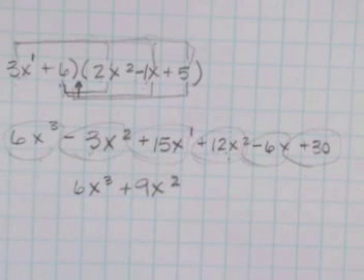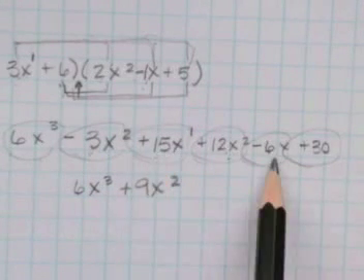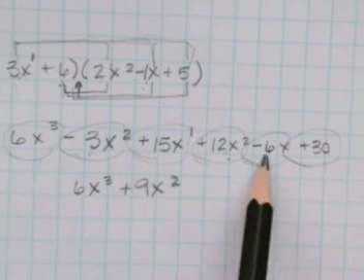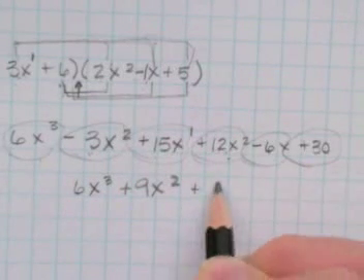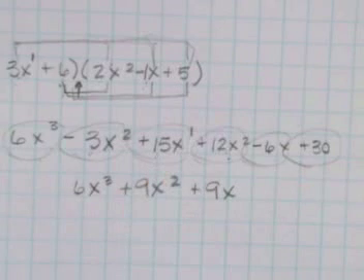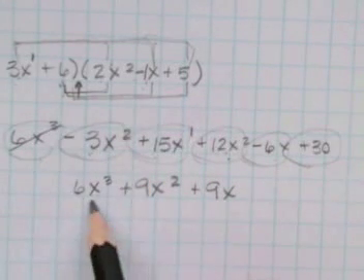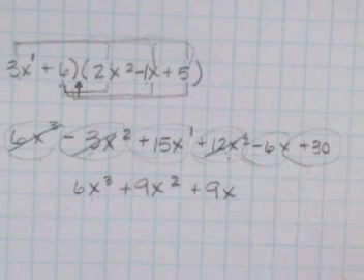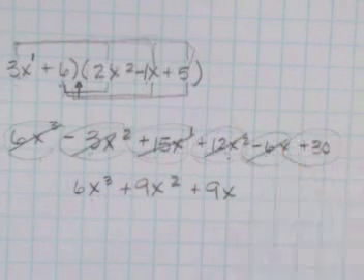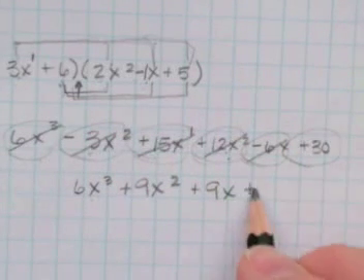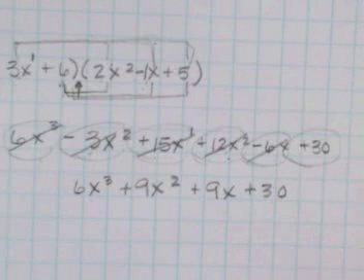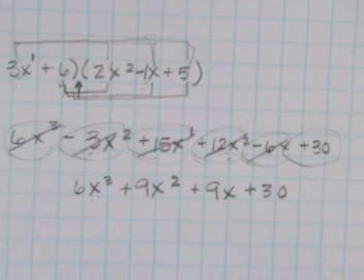I also notice that I have 2 terms that have x to the first power, so I'm going to add my coefficients and get 9x to the first. So if you look at my answer, I've got my x to the third, I've combined my x squareds and my x to the first. The only thing I have left is my constant term. And there's my answer. Not too bad.